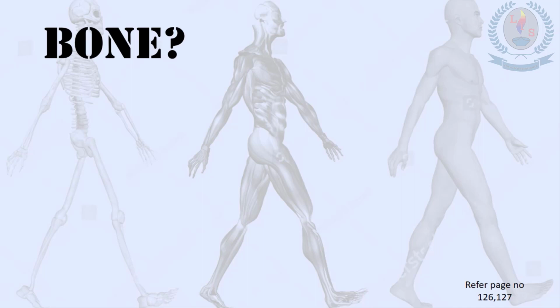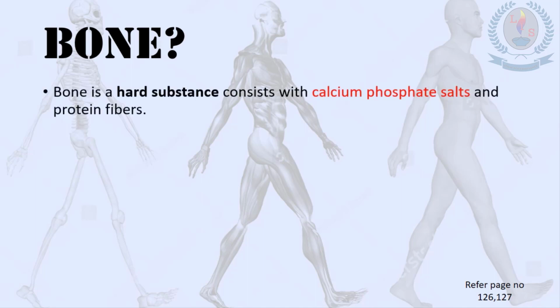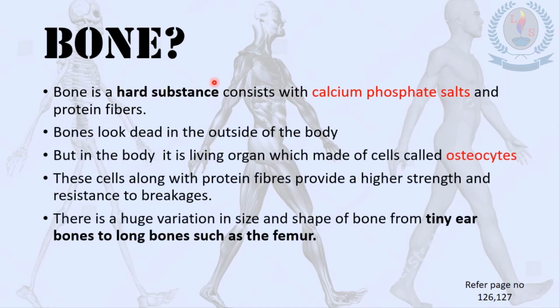Okay, let me explain that to you, what bones are made of. Bone is a hard substance which consists of calcium phosphate salts and protein fibers.